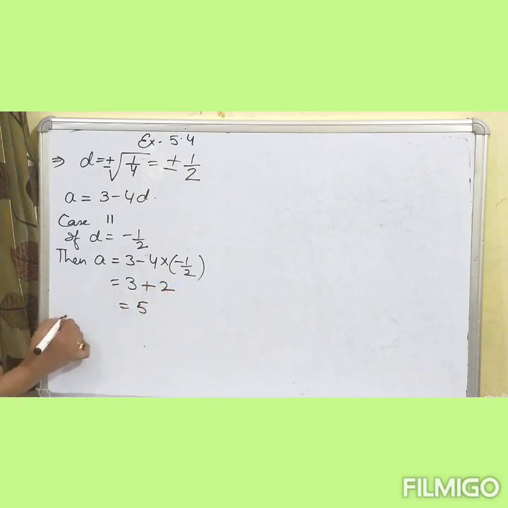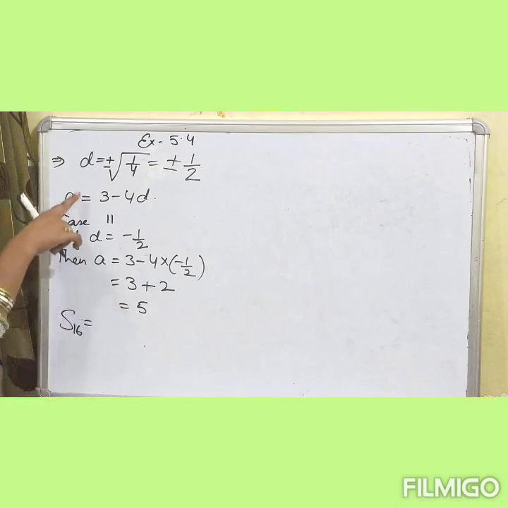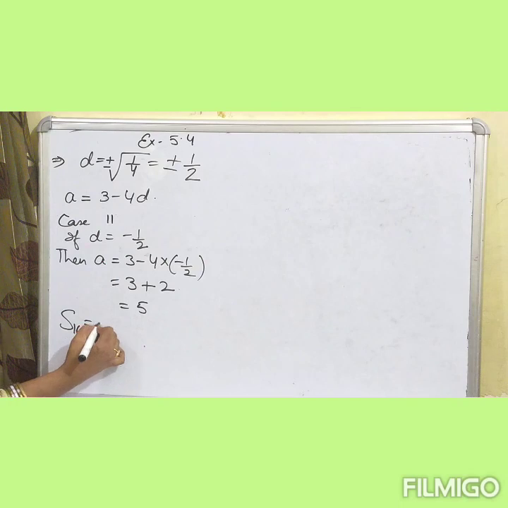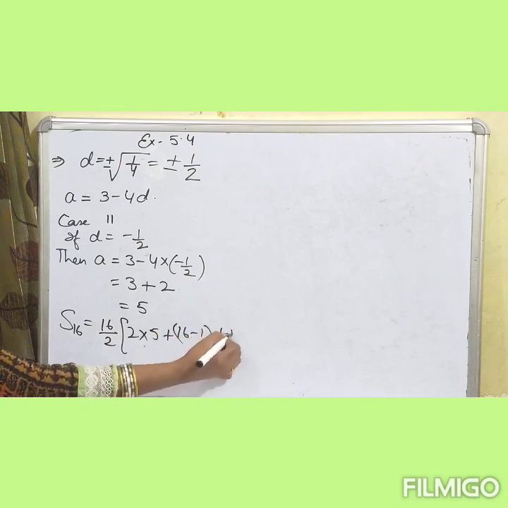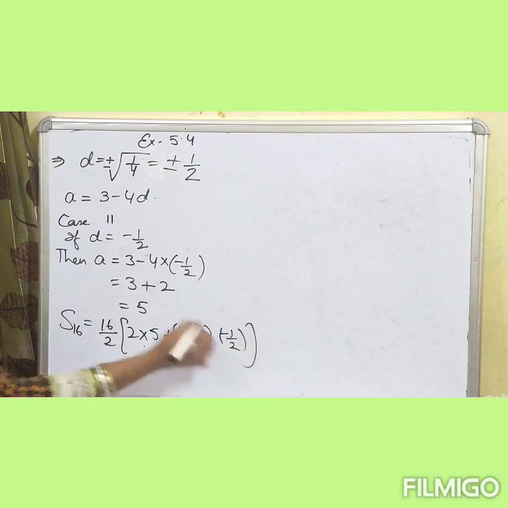Now I have to find out the value of S16 when A is 5 and D is minus 1 by 2. So it will be 16 by 2, 2A plus 16 minus 1 into D, right?